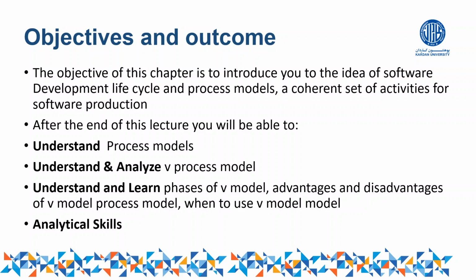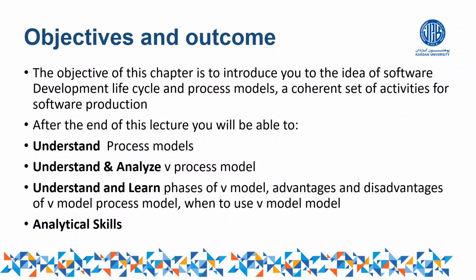The main objective of this chapter is obviously to introduce you to the software process and to the software development life cycle, and also to the software process models. They are basically a coherent set of activities for software production or software development.